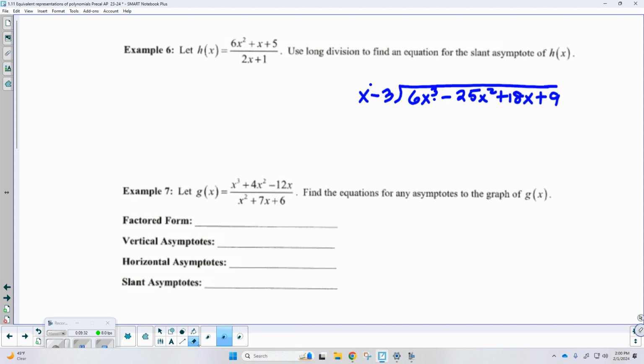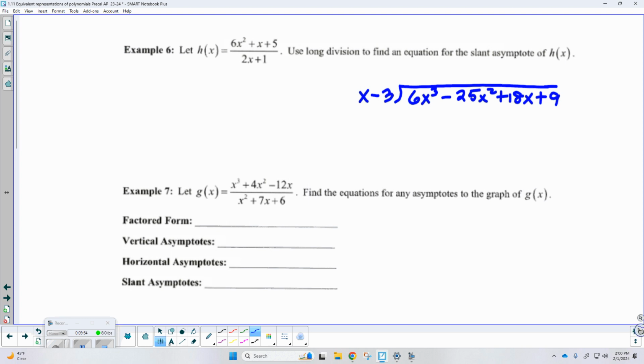So let's say I want to take x minus 3 and divide it into 6x cubed minus 25x squared plus 18x plus 9. 6 what? There we go.